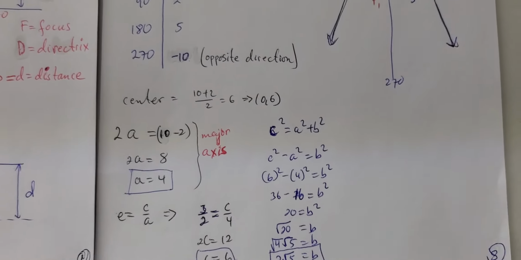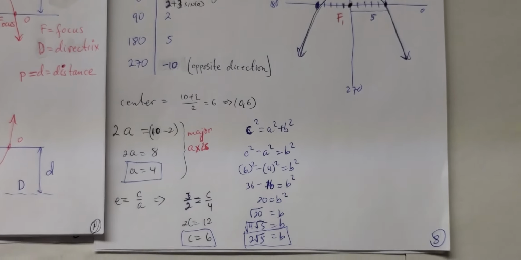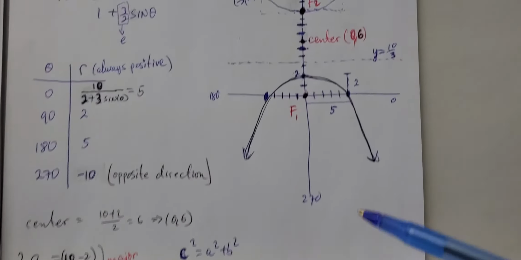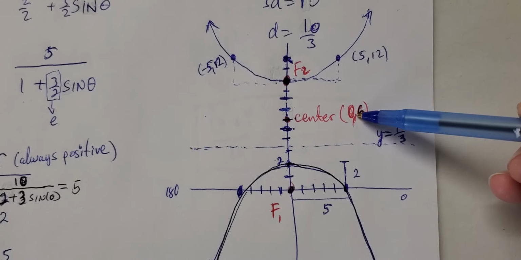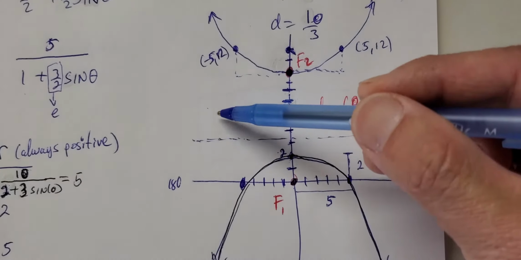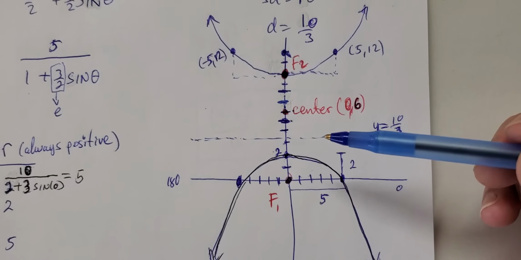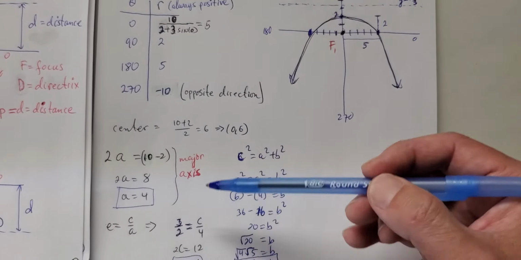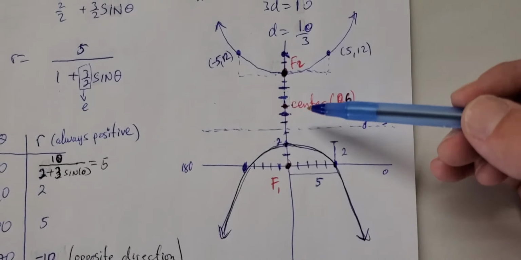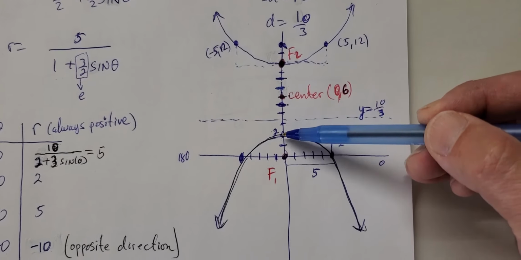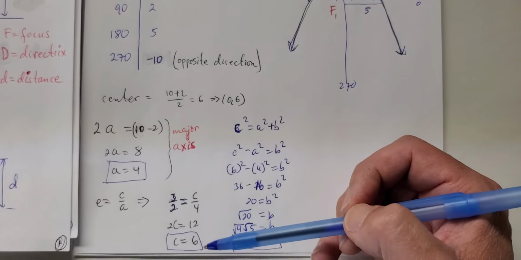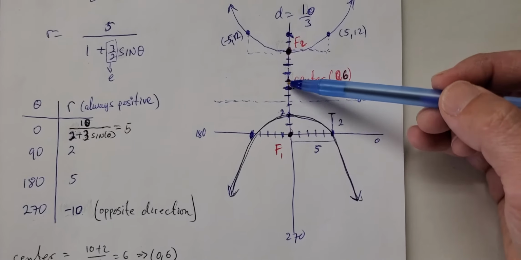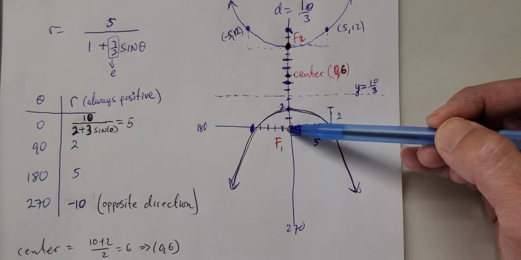So what is B? What is the distance of B? Where is that on the graph? The distance of B is from the center to the right, center to the left. So we know that A is 4, so A is from here to here. Distance of C is from the center to the focus.